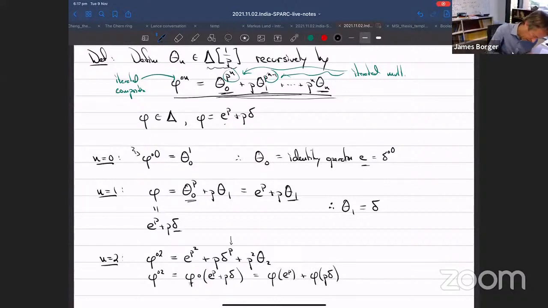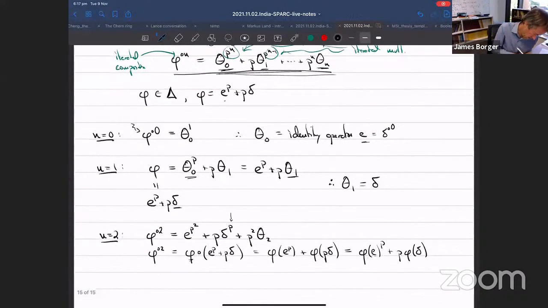But it's also multiplicative. So we can write phi of e to the power p, and using the additivity again, we get phi of delta. And e is the identity operator. So that's just the pth power of phi. Phi composed with e is just phi.